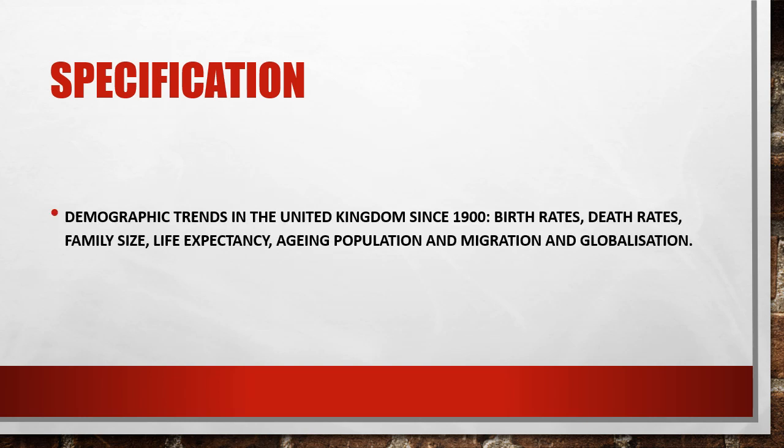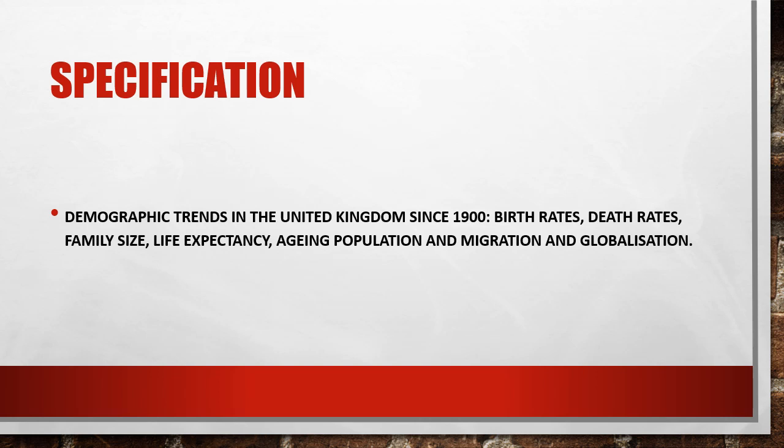Demography, so this is a big chunk of the spec, and you do need to know the trends, of course, in births, deaths, family size, life expectancy, migration as well. So what's going on now, but what has gone on in the past? What's its impact?